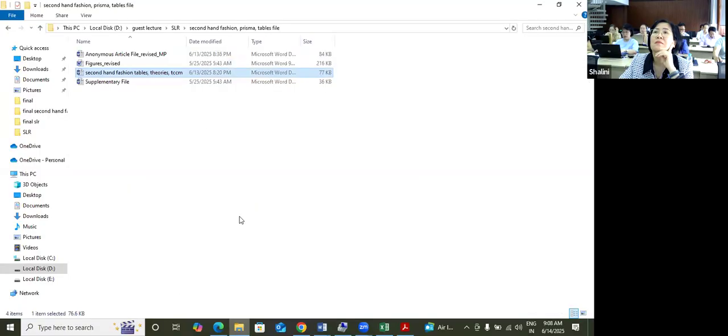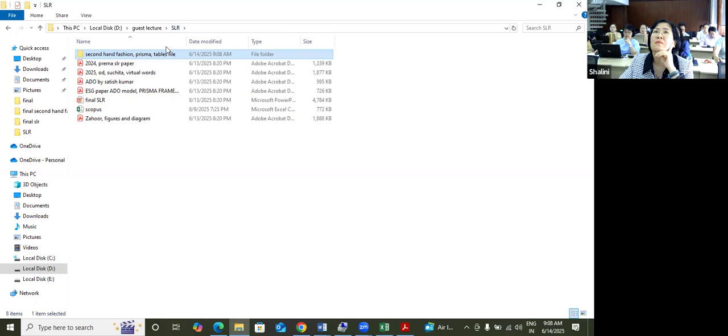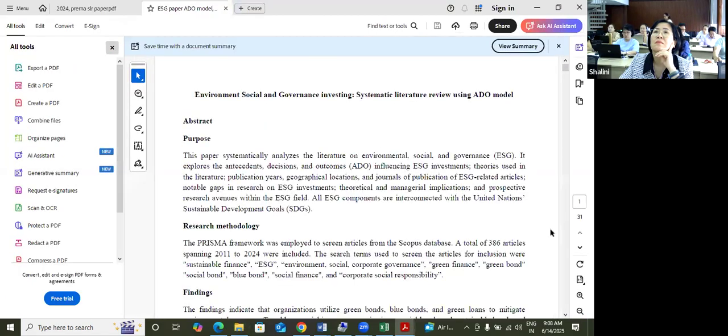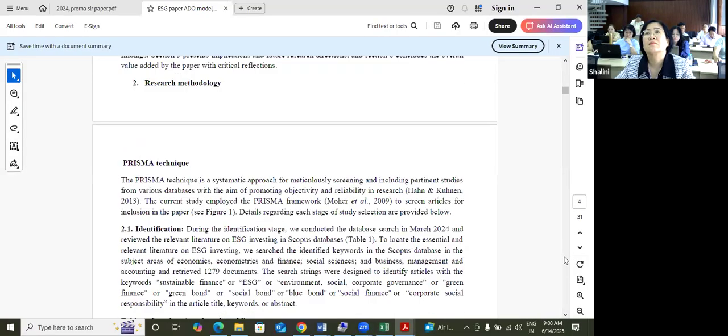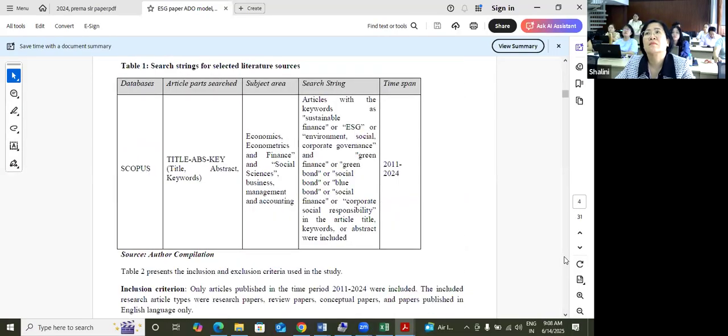Let me open multiple files for you so that I can move among them. Okay, the PRISMA framework. So let me show you this. These papers have been shared with all of you. Okay, now let's start with this.